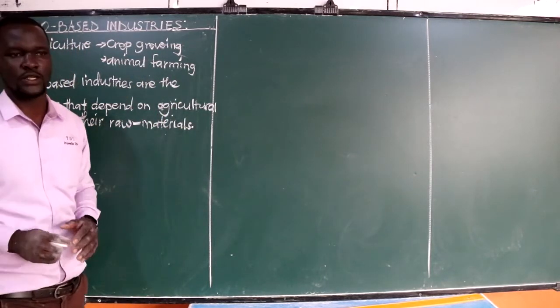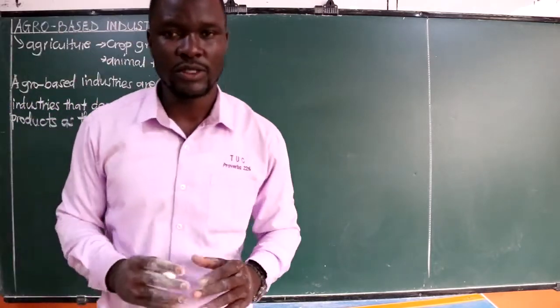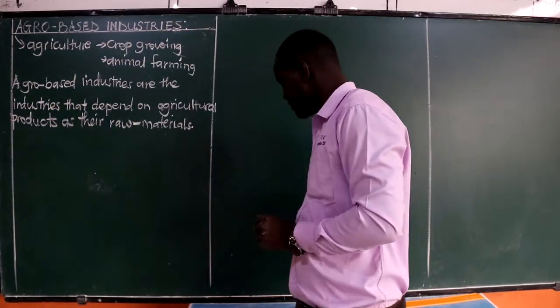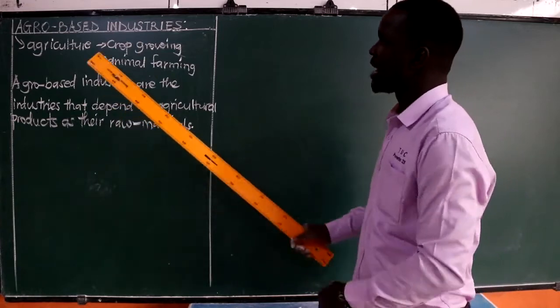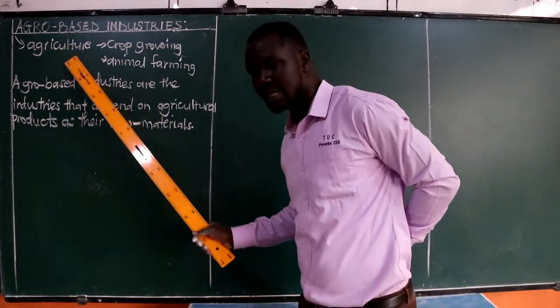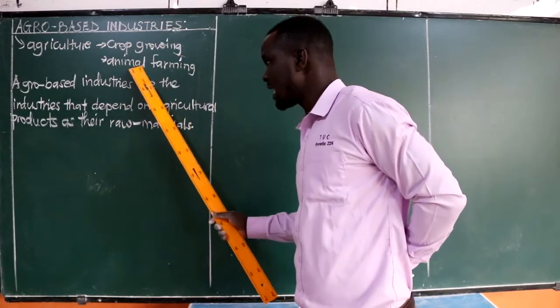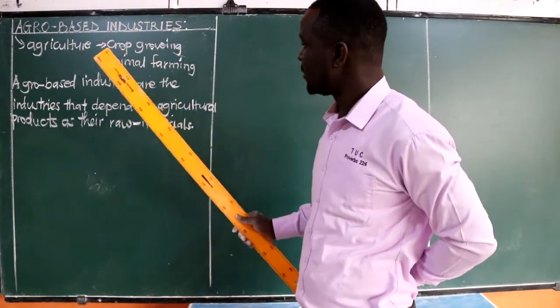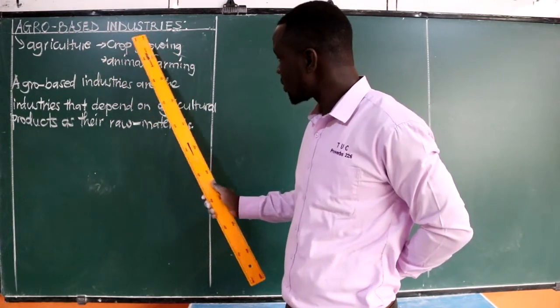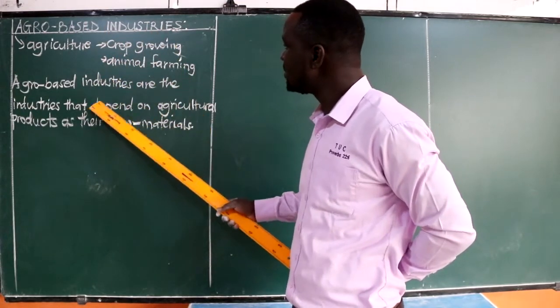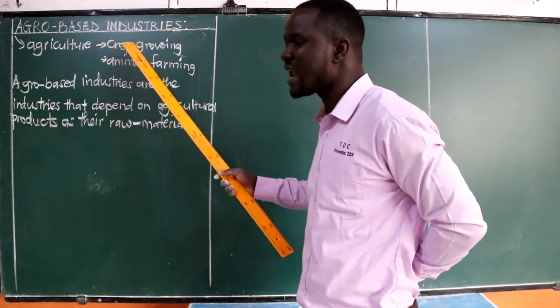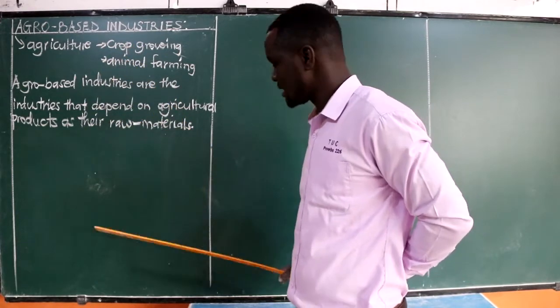That is what we need to note when we are talking about agro-based industries. We say agro deals with agriculture, and in agriculture we have crop growing and animal rearing. Therefore, agro-based industries are the industries that depend on the agricultural products as their raw materials.